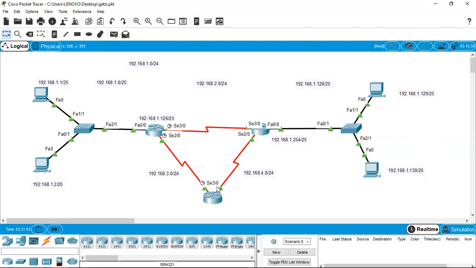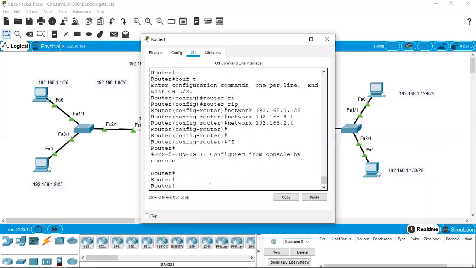The problem this router faces is that 192.168.1.0 is subnetted. It can be reached either this way or that way. That is not correct, right? It is already subnetted. This is 1.0, but this is 1.128. The reason behind this is that RIP version 1 does not include the subnet mask in its packet format. We can complete checking this also.